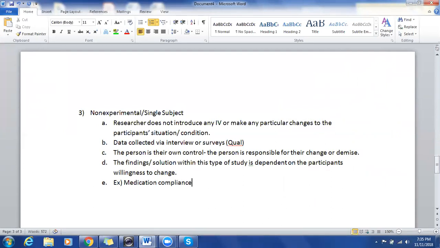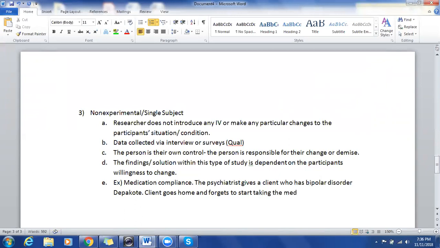So to elaborate a little more, the psychiatrist gives a client who has bipolar disorder Depakote. Client goes home and forgets to start taking the medication. Their symptoms do not improve.